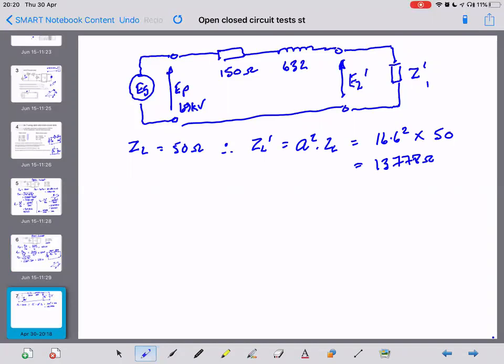So that's what we're connected here, 13778 ohms. Now we can calculate ZT, because it is ZL dash plus RP plus XP J.